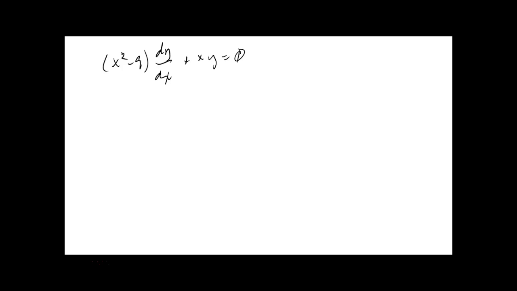First, is it a linear equation? Can we get rid of the x squared minus 9 by dividing both sides? Yes, that's a very good first step. Divide everything by x squared minus 9. Divide this by x squared minus 9. Divide that by x squared minus 9. Of course, that still leaves you 0.